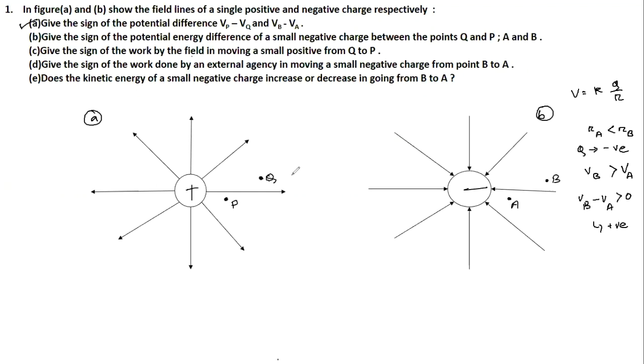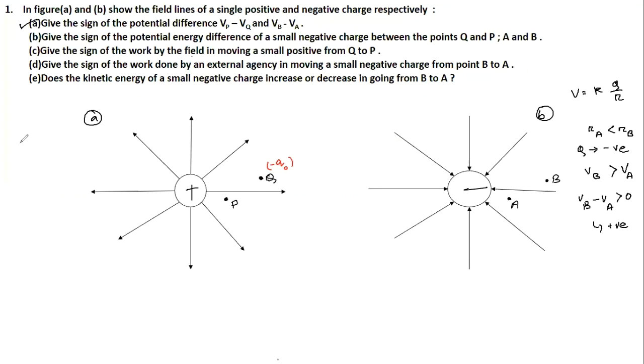As per the question, you are going to provide a negative charge. So let's give a negative charge to this point Q. Let's say you have a negative charge minus Q naught.